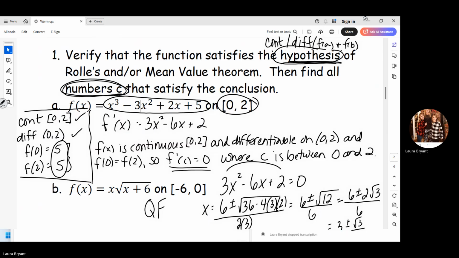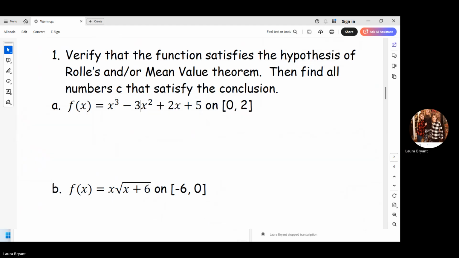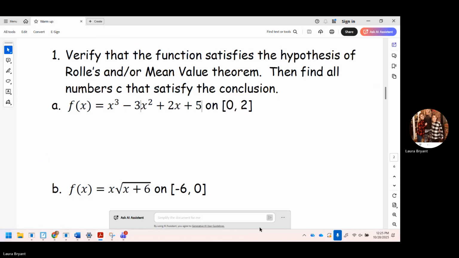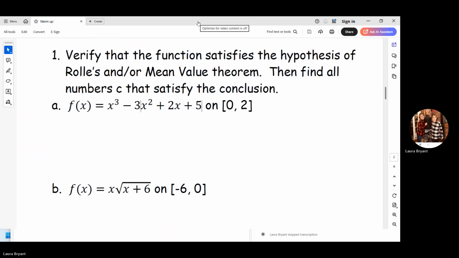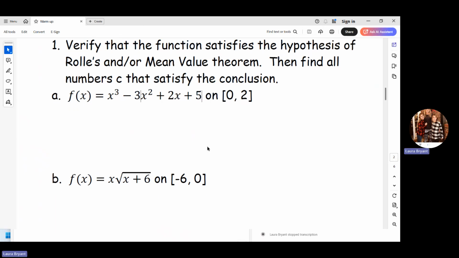Well, it's not letting me write it. Not letting me write it down. Where did that all just go? Is it just gone? Okay, so I was trying to write 3 plus or minus radical 3 over 3.